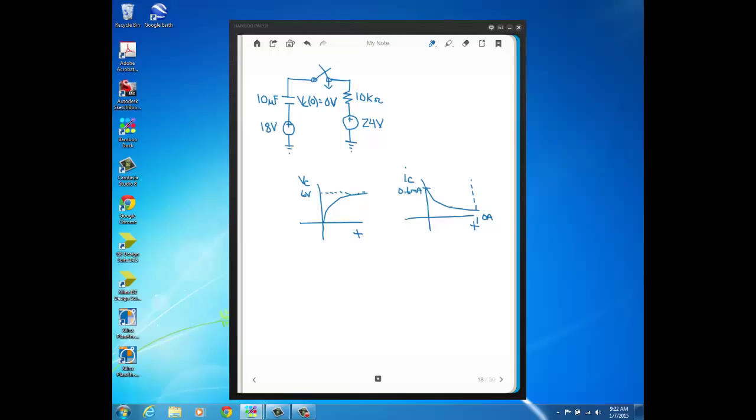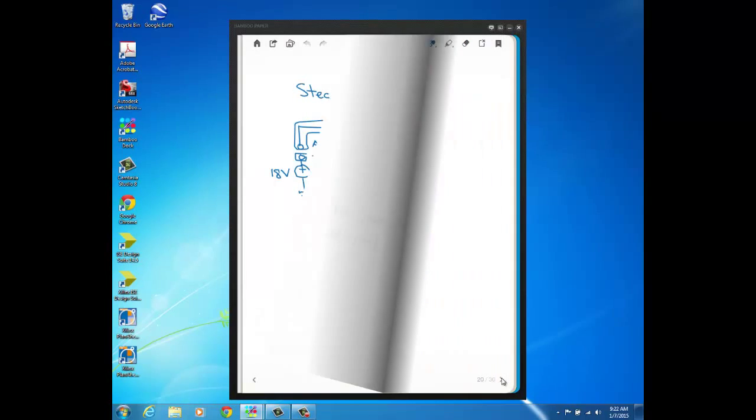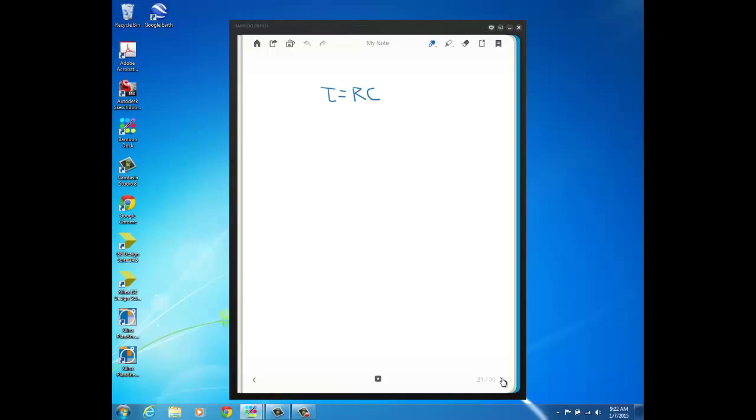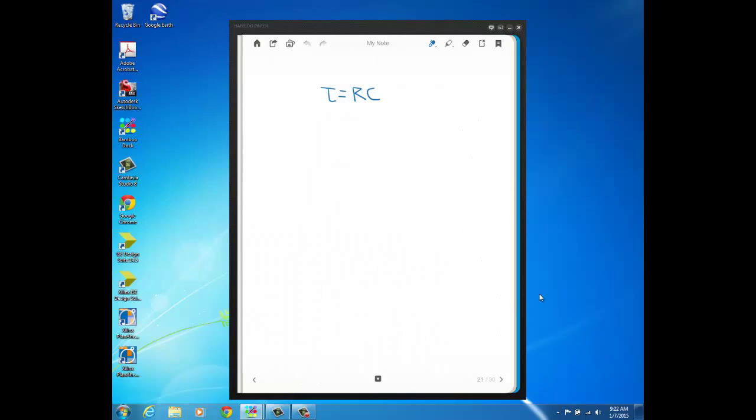Okay, so now we just need the time in between t equals 0 and steady state, which is 5 time constants. This circuit only has one resistor, so we don't have to find an REQ here. We just have a single 10k ohm resistor.